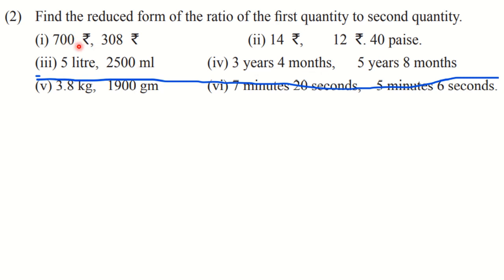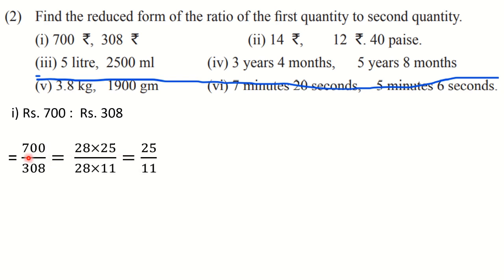I am solving the first one now, where what I have observed is units are the same, so there is no need of conversion. I can find the ratio, so I have written rupees 700 is to rupees 308. I want the ratio of this. Okay, so the next step is to write in division. So write down 700 upon 308.